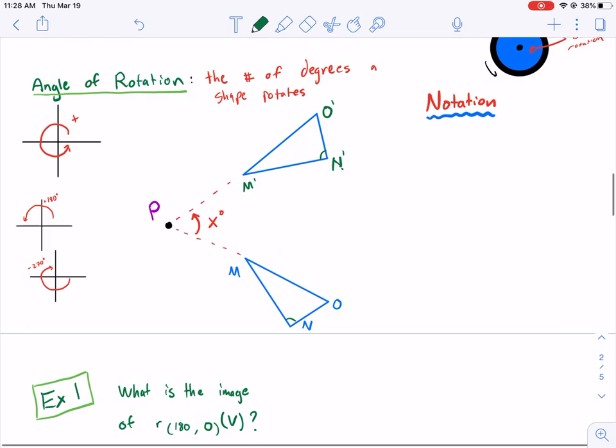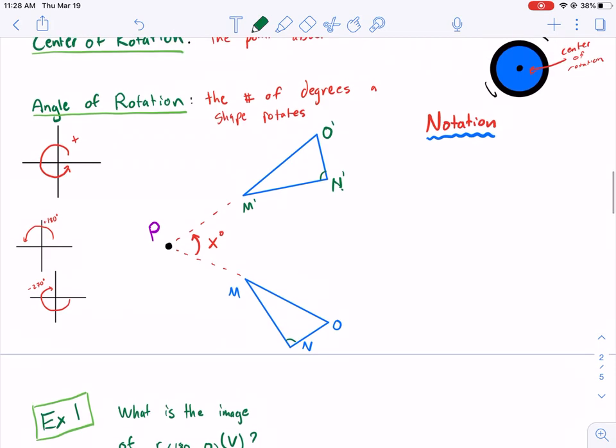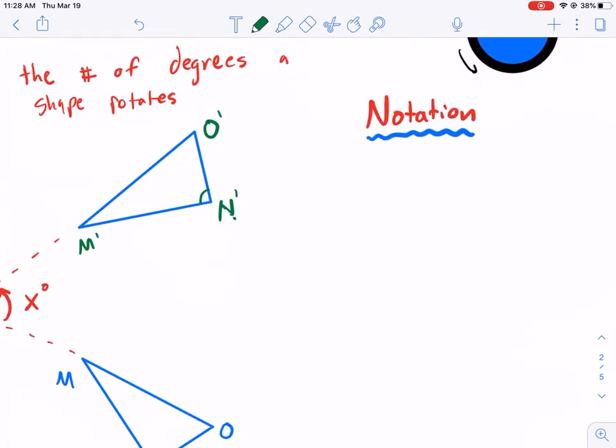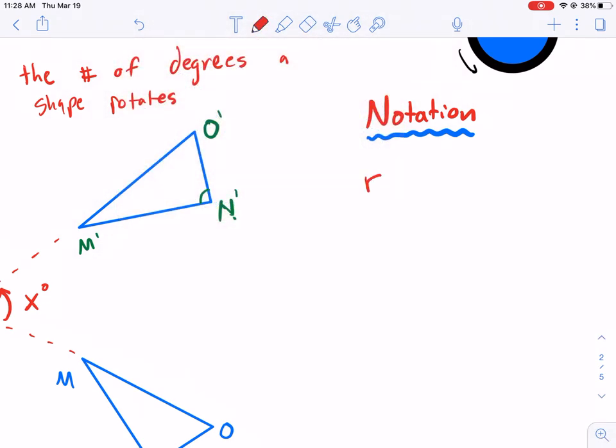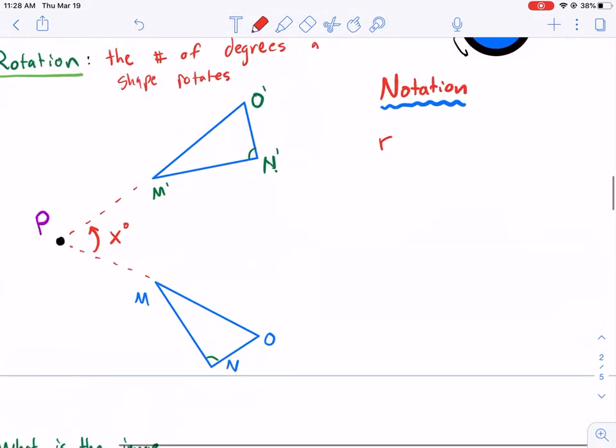So let's talk about the notation. Instead of a big R, because big R is reflection, we're going to use a little r. Let me use red so we can differentiate. A little r stands for rotation. Now we're going to use parentheses, and these parentheses are going to tell us some information.